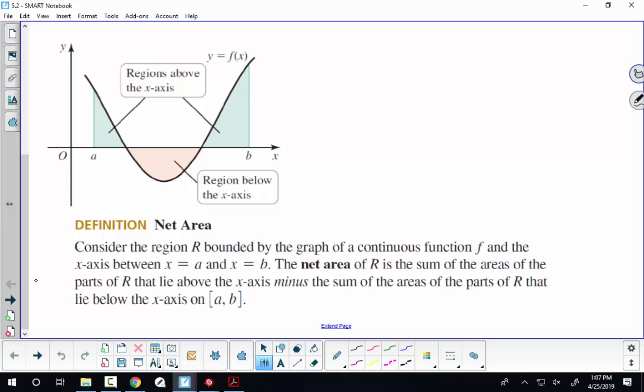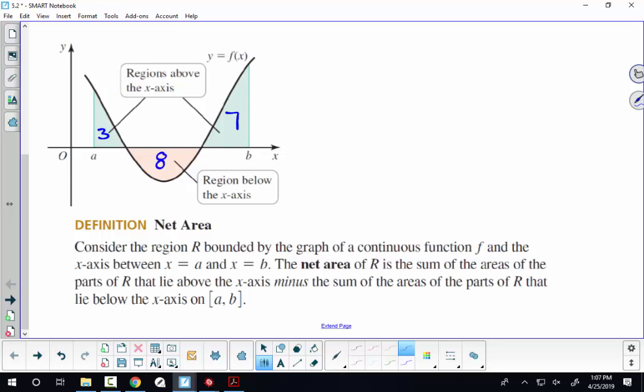Let's put in specific numbers here to get an idea. Let's say this area on the left is 3. The area below is 8. And this area on the far right is 7.